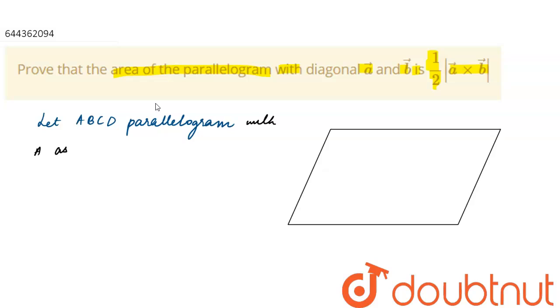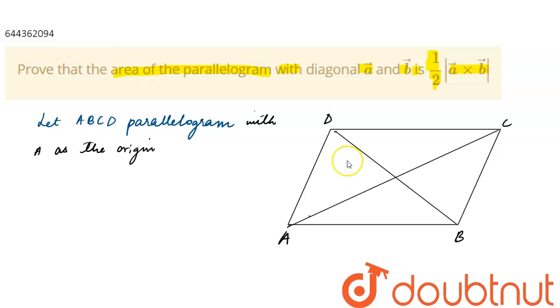So with A as the origin, we'll have a parallelogram like this: A, B, C, D. Okay, and here we will take the position vectors. So first we will make the diagonals. So let's make the diagonal first. Okay, so here we have the diagonals.